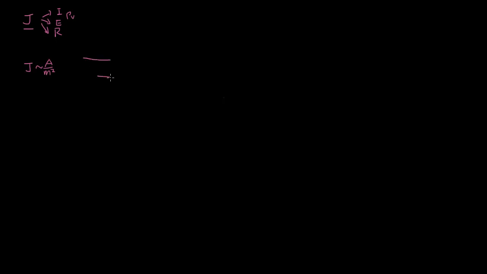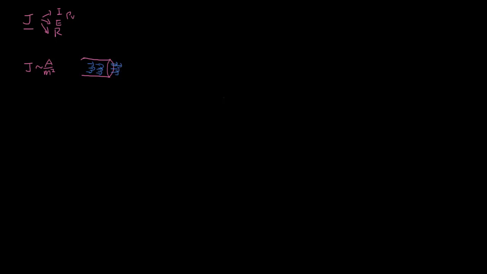So if we have, let's just say, a wire, and the wire has, in this case, a circular cross-section, and we have a certain amount of current flowing through it, a bunch of charges moving at a velocity, so you have a current flow going through this surface area.